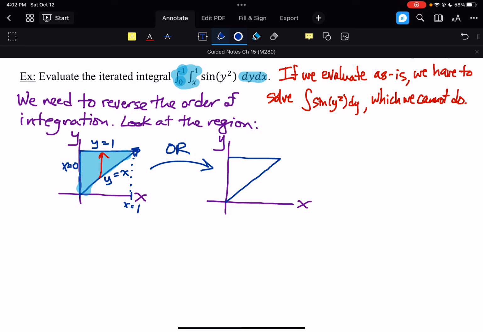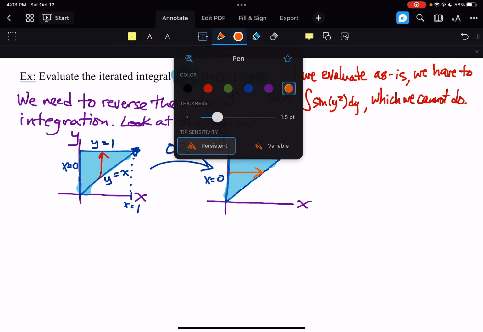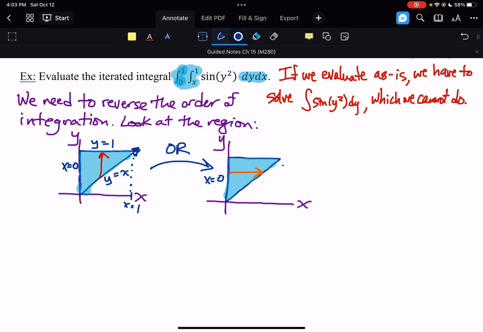So we'll still have x equals 0. Okay, still the same region in question. But now if we're going horizontally, we're going from x equals 0 up to this line, which was y equals x, but now we want to switch the variables, so we'll call it x equals y over here, with y going from 0 up to 1.